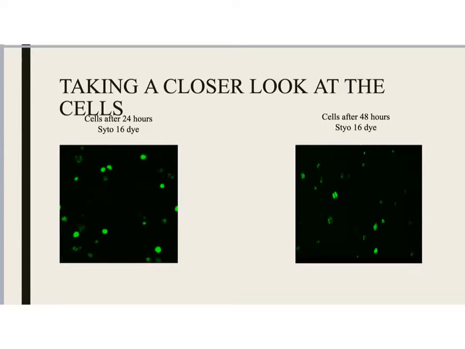So next, let's take a closer look at the cells. On the left, these cells are after 24 hours of incubation in the Cyto16 dye. This dye is a fluorescent DNA binding dye which allows you to visualize nuclear condensation and blebbing.